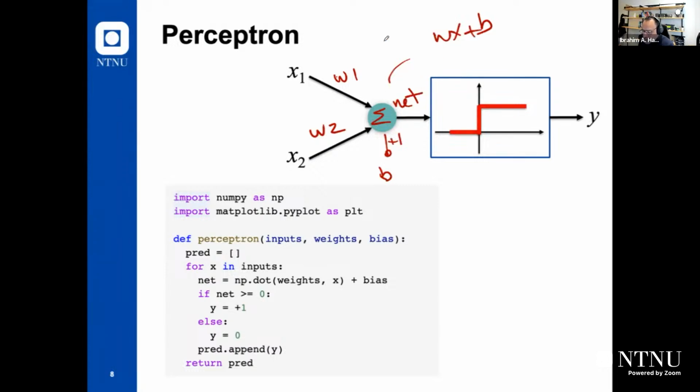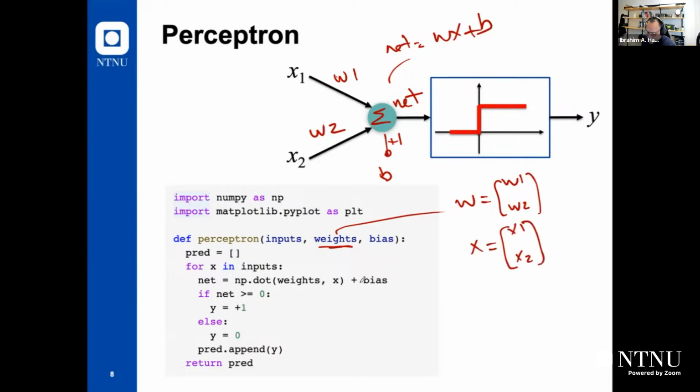Net is just omega x plus b, right? And I used the dot product here because I will define the weights as a vector. So the weights omega will be a vector of omega 1 and omega 2. X will also be defined as a vector because I have two inputs, x1 and x2. And b is a scalar, right?